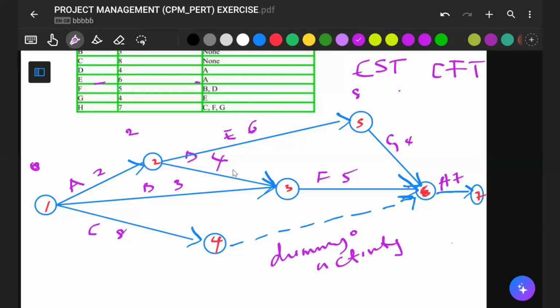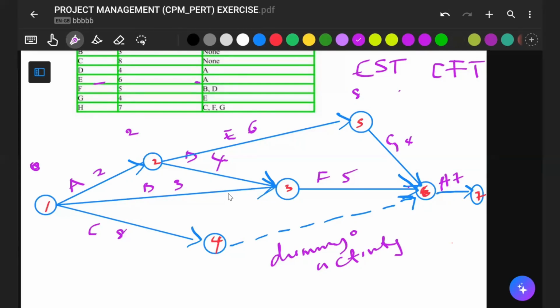But mind you, you cannot just say 2 plus 4 gives you 6 here. You have to confirm something. Please follow me. This is where most of us miss it. There are two activities that stop at this node. Activity B stops here, and activity D also stops here. And now we are on the forward path, moving forward from the beginning to the end of the project.